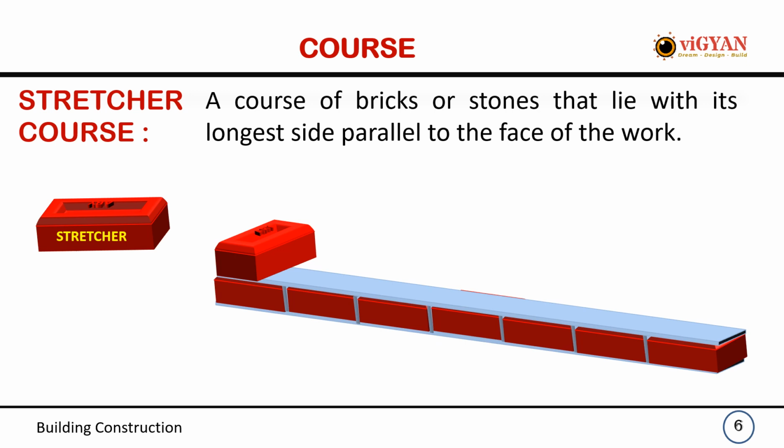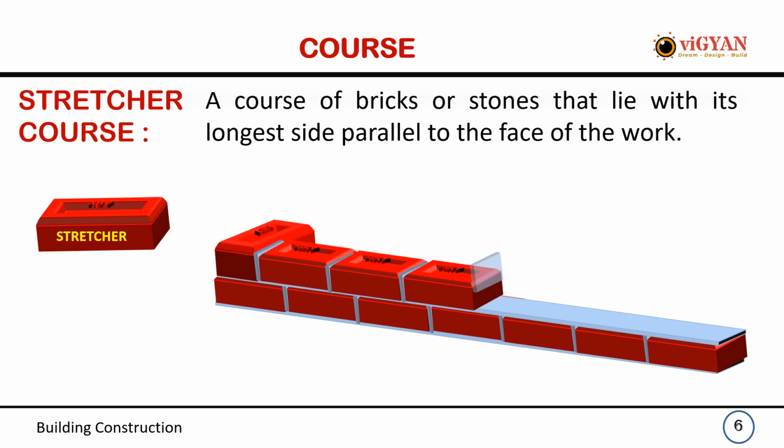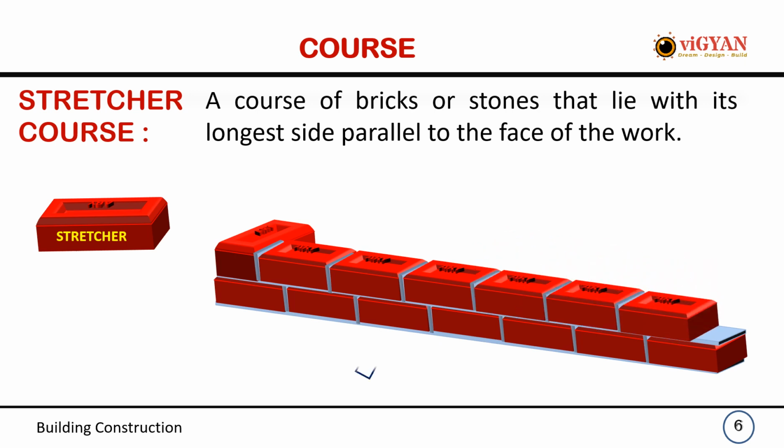To break the continuity of vertical joints, one header is provided at the beginning in alternate courses. So this is the direction of view, and we can see stretchers are visible.